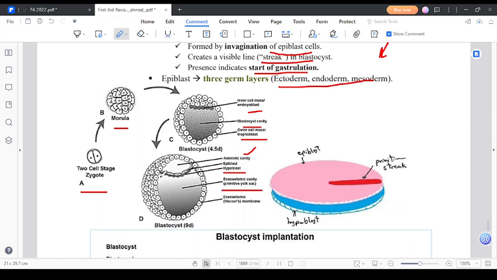On one end of the embryoblast we have the amniotic cavity, and on the other pole the primitive yolk sac, and then the exocoelomic membrane, Heuser's membrane. Then we have the epiblast, and the primitive streak is over there. The formation of the primitive streak indicates that gastrulation has started. Then here we have the hypoblast.